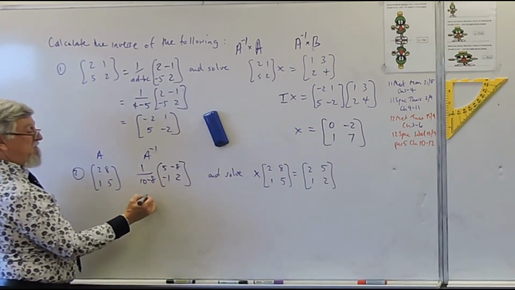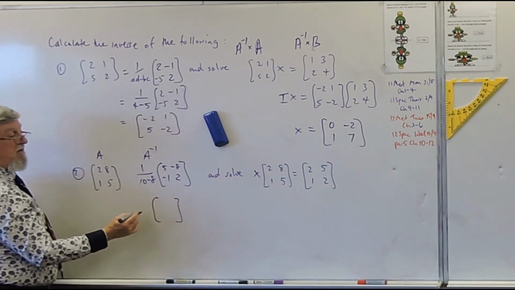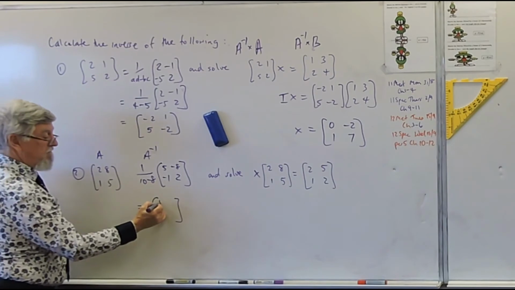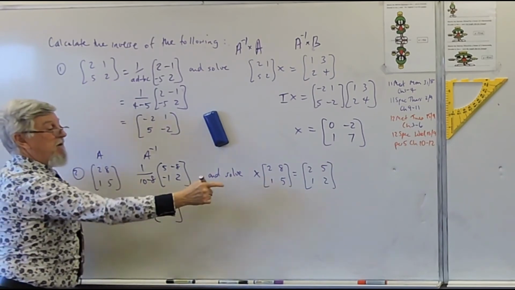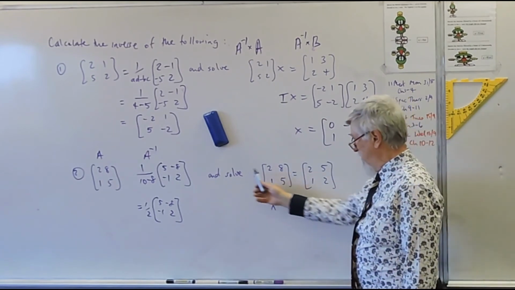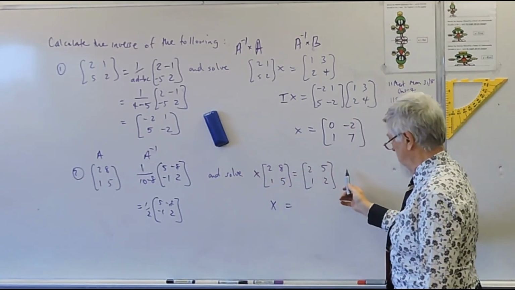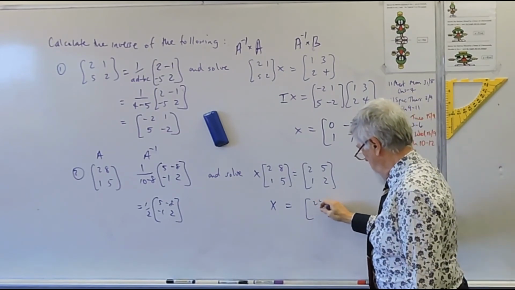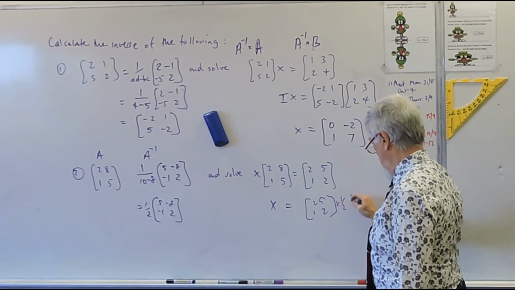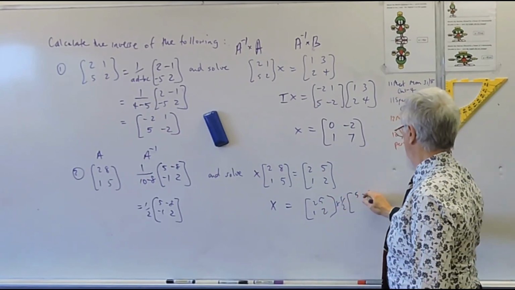So that's a half. You know what I do personally? I'd leave it as a half and go over to here and go, well, that's just going to be X. I can't put it at the front because the X is in the way, so I put it at the back here, which means I put it at the back there. 2, 5, 1, 2, and that one is a half of, shocking, 5 minus 8.